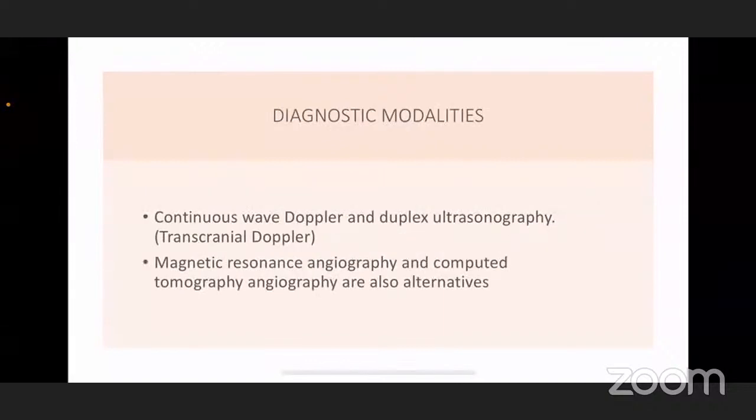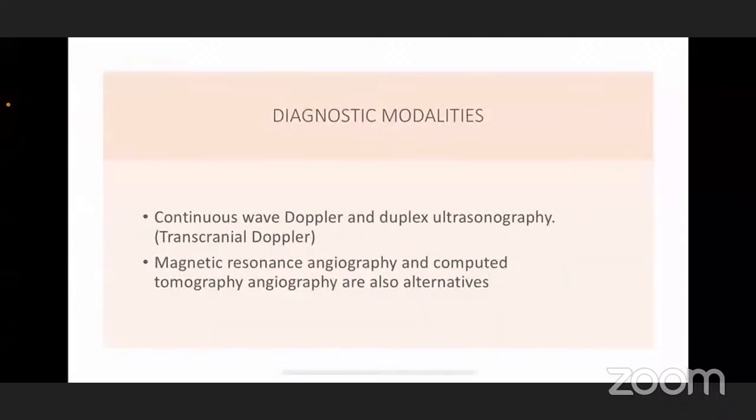The diagnostic modalities we use are continuous wave Doppler and duplex ultrasonography. If the patient has neurological symptoms and we are suspecting vertebrobasilar artery steal syndrome, we can do a transcranial Doppler. We can also use magnetic resonance angiography and computed tomography angiography. They are alternatives.